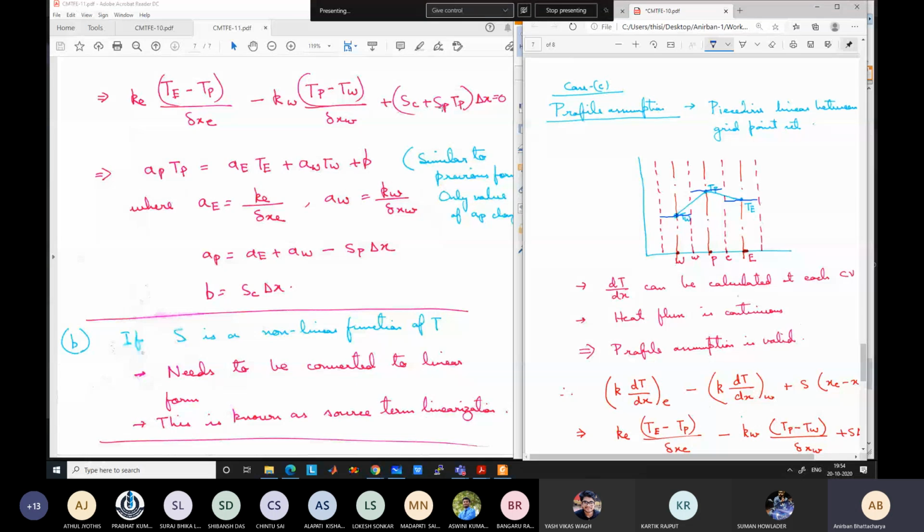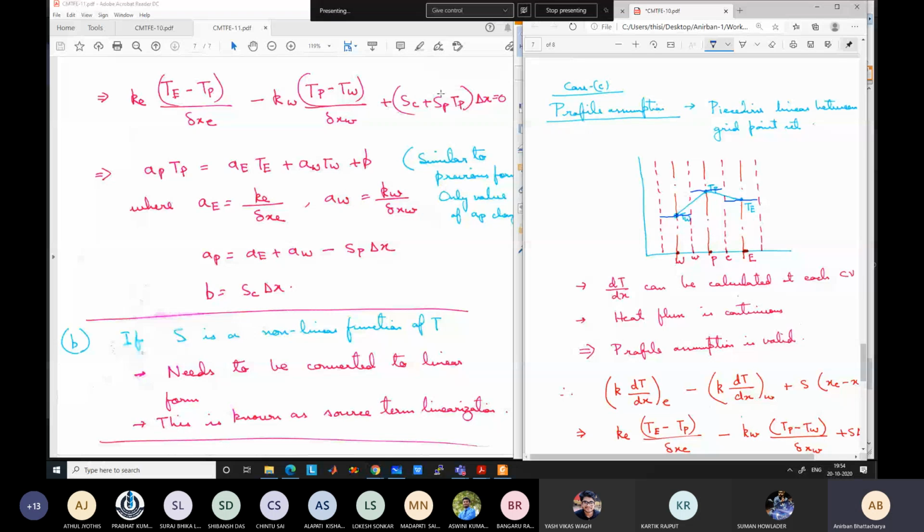If it is a variable of temperature, the source term will vary with temperature, but the temperature profile means Tp also needs to be taken into account, right? Within, how Tp changes from small w to small e. That temperature we are assuming is constant and equal to the grid point temperature. It is not linearly varying.